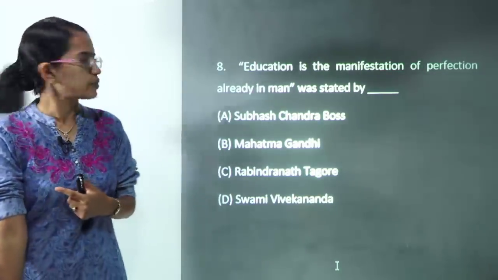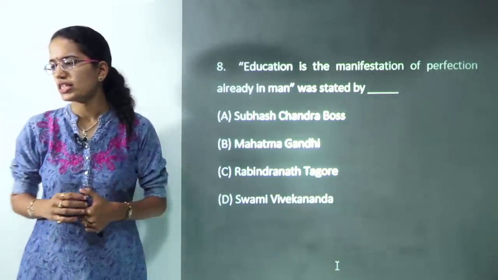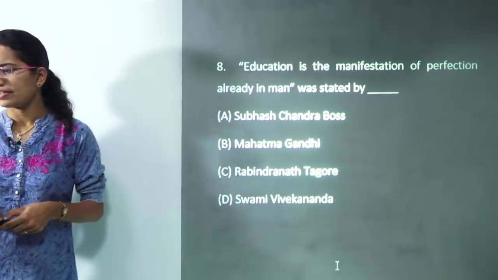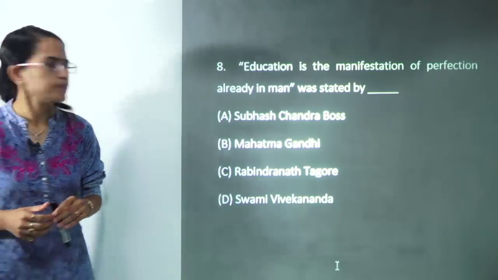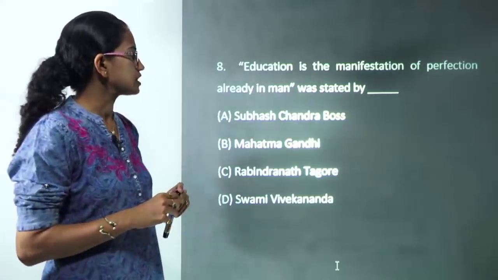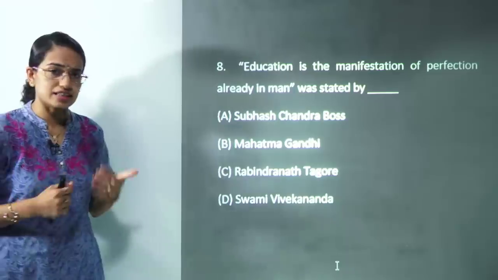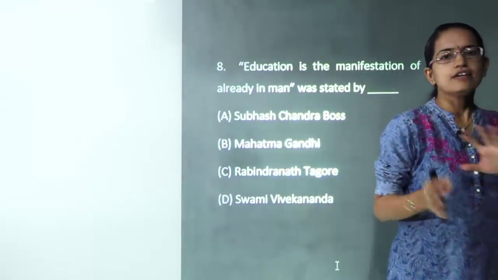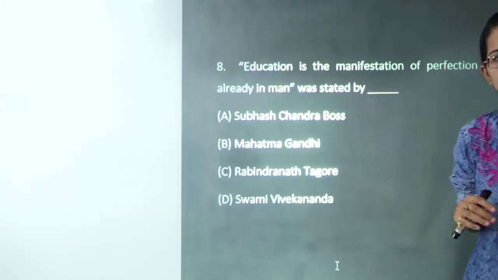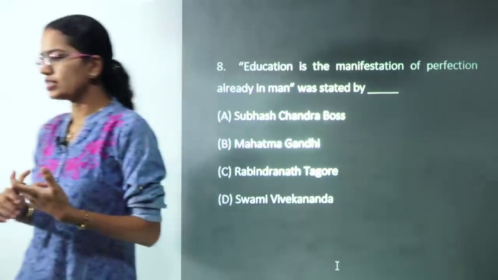Okay. The next question, question number 8. Now this is one of the sayings. The question is, who gave the following saying? Education is the manifestation of a perfection already in man. Now this is a question that's technically asked, and you usually have 1 to 2 questions like this, which talk about the various schools of thought in education, the various philosophical constructs.